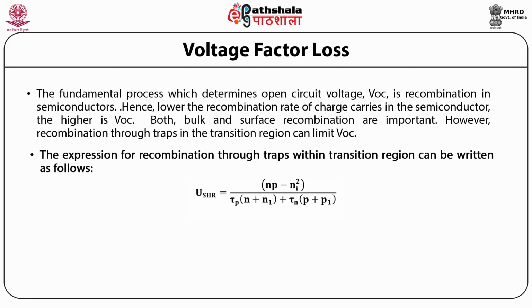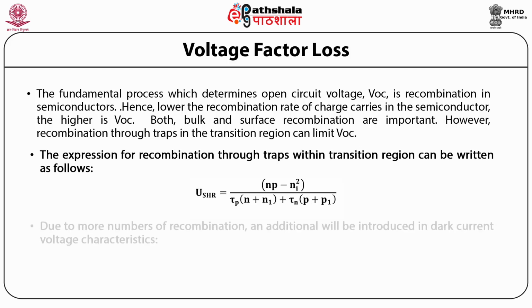In the earlier discussion about the dark characteristics of PN junction diodes, recombination within the transition region was neglected because the depletion region width was very small.